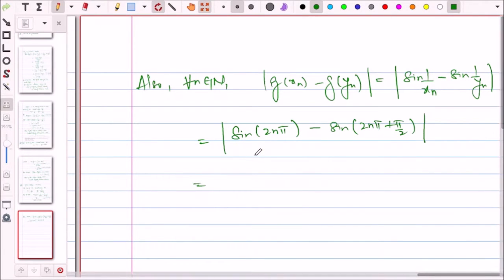Sine 2n pi is 0, while sine of 2n pi plus pi by 2 is 1. So it happens to be equal to 1, which is greater than epsilon naught, which is equal to half.